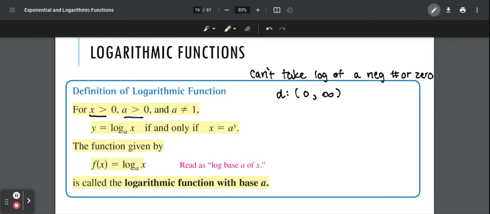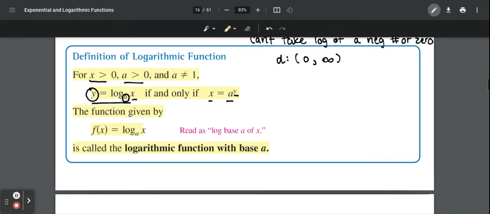So when we have this equation, y equals the log base a of x, that's true if we could put it into exponential form. So if we took the base, which is a, and we raised it to the power that it equals, which is y, if that equals this x value, then those two things are true. So when we have the function notation, we would say that f of x equals the log base a of x.